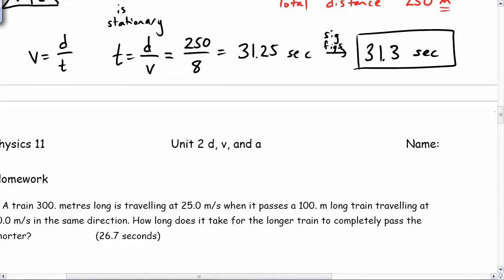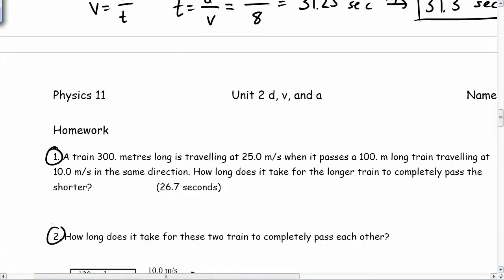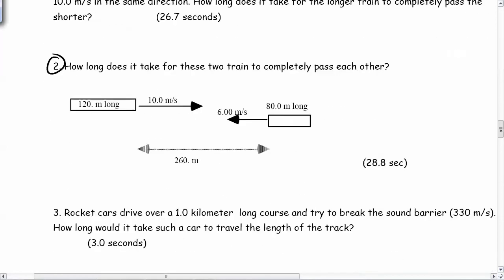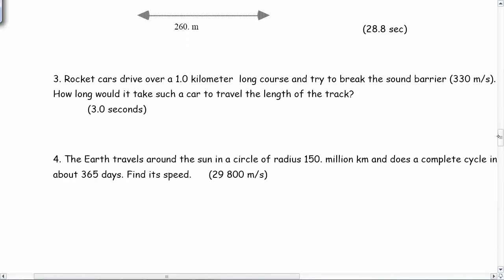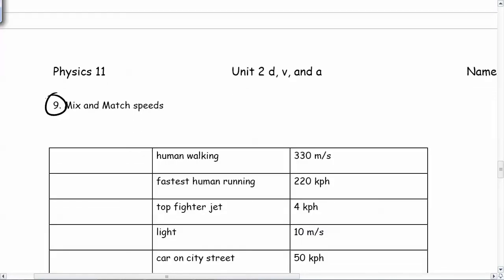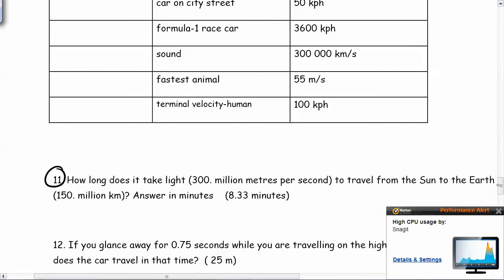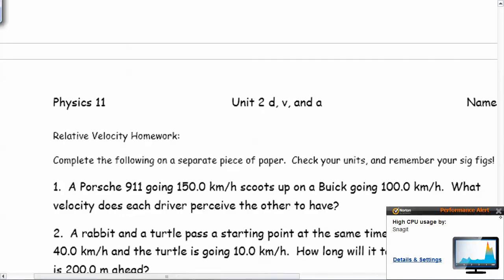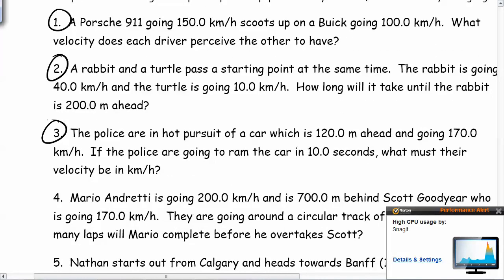So the rest is just some practice for you guys. What I'd like you to do is try out questions number 1, 2, 9, and 11. And let's just do 1, 2, 3, and 5 from the last page.